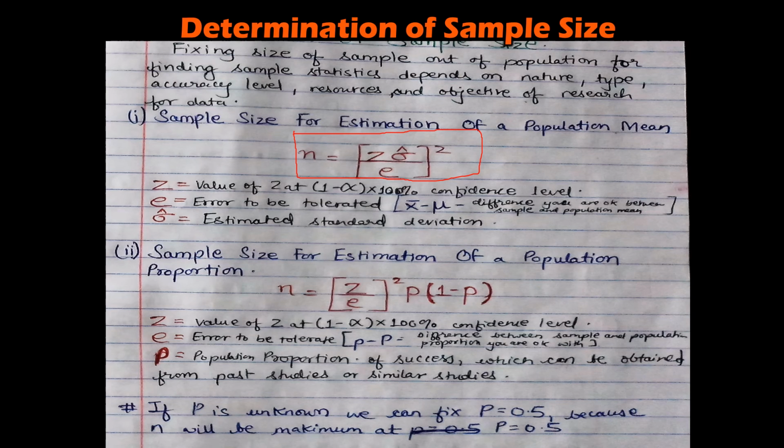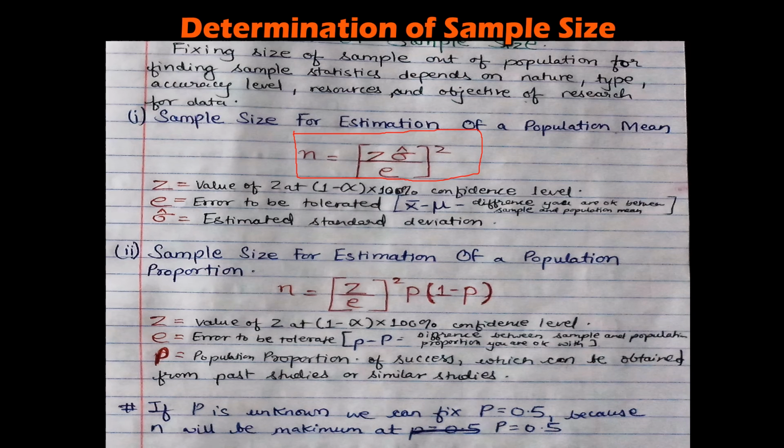E is equal to the error to be tolerated, that is x bar minus mu, the difference between sample and population mean, and sigma hat is equal to the estimated standard deviation.